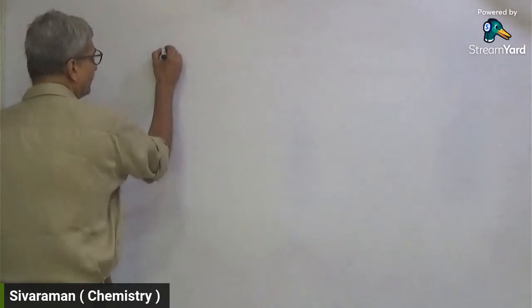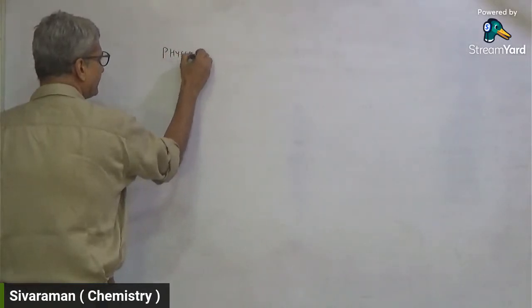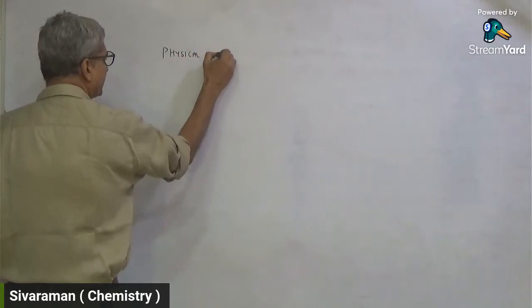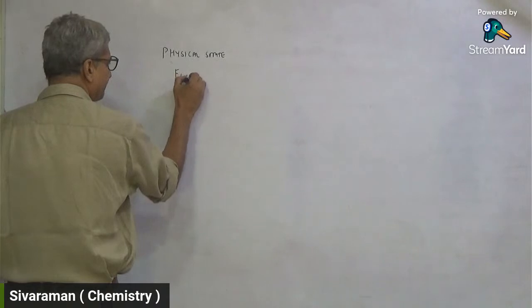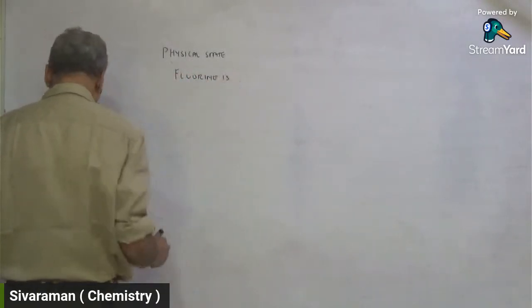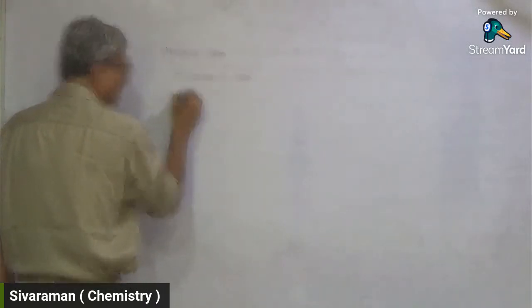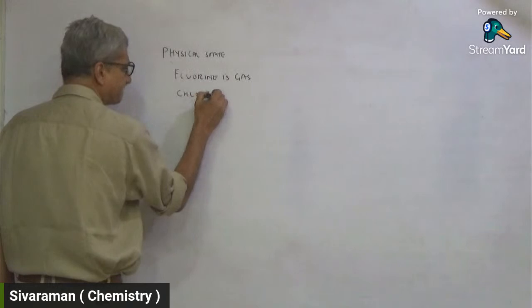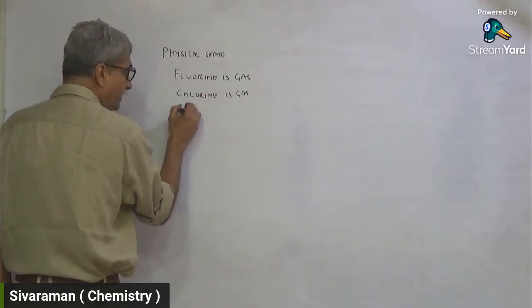So when we talk of physical state, fluorine is a gas. Chlorine is a gas. Bromine is a liquid.